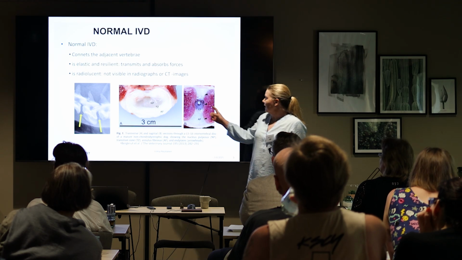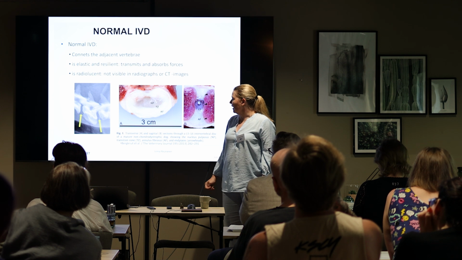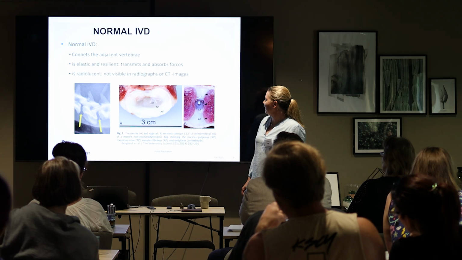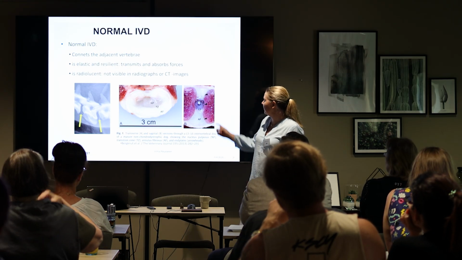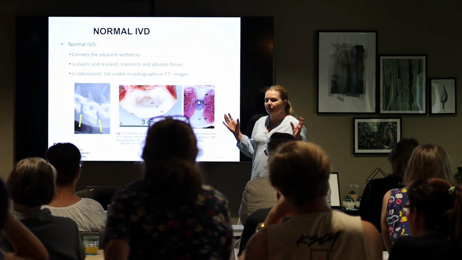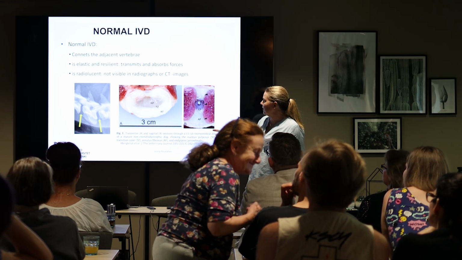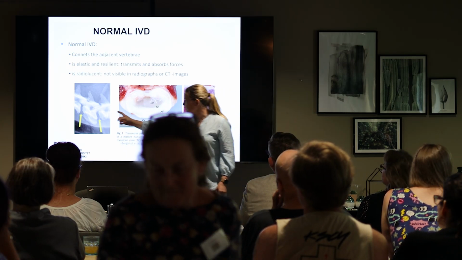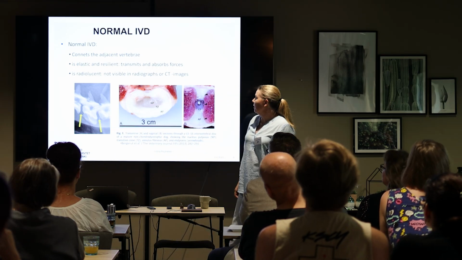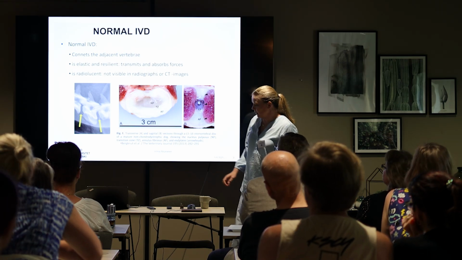It's an elastic structure, like a moist pillow, with the nucleus inside and the fibrous annulus around it, and it transmits forces and absorbs them when it's normal. And we don't see it in radiographs when it's normal, so it's radiolucent. So in these spaces we don't see anything, because there are supposed to be normal intervertebral discs between.